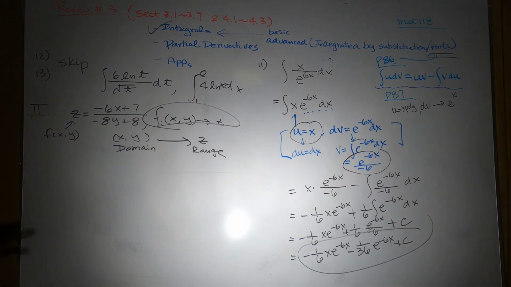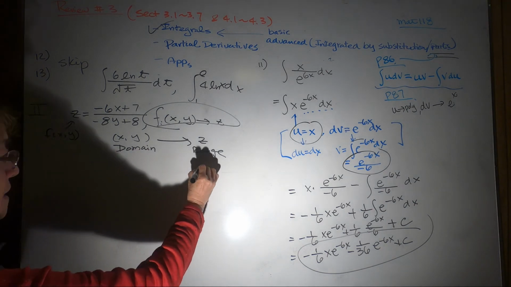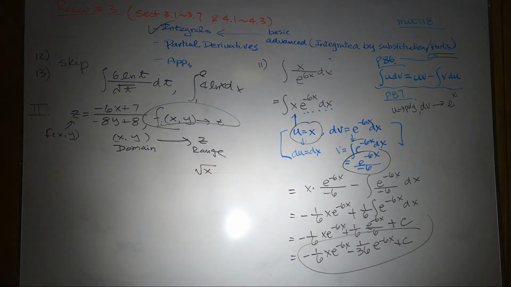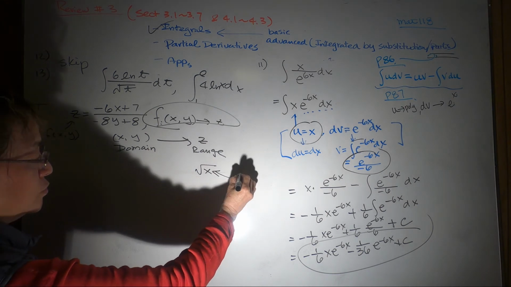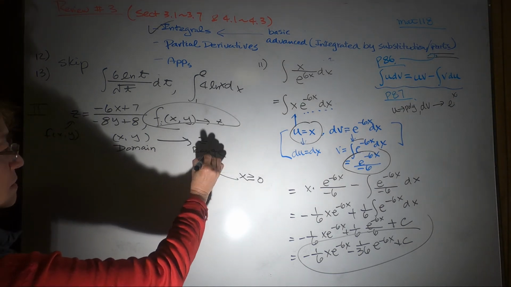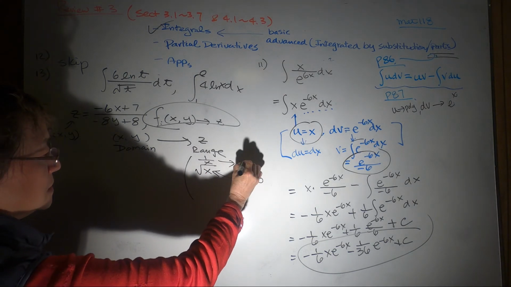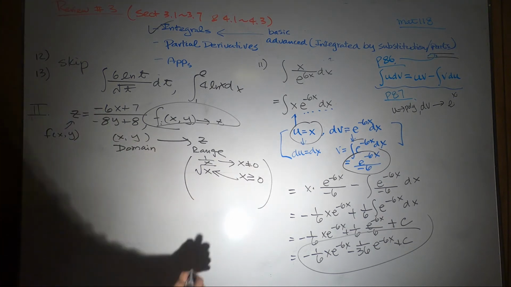You only learn 3 types of restrictions. One is the denominator cannot be 0. Here, x cannot be 0, right?